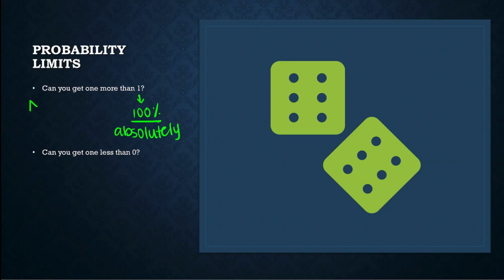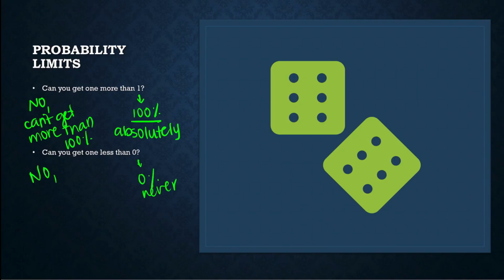And so you can't get more than 100%, right? And the same idea, can you get less than 0 or 0%? No, this means it will never happen. So kind of same thing, no, you can't have negative possibility.